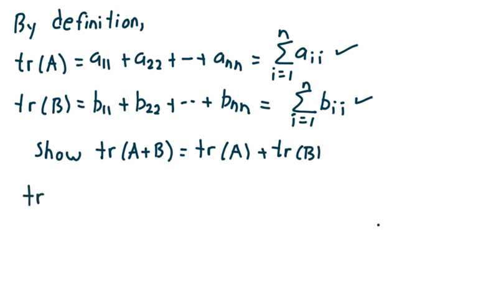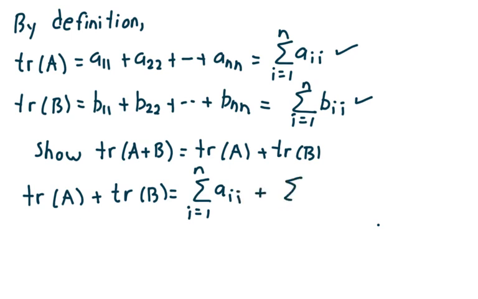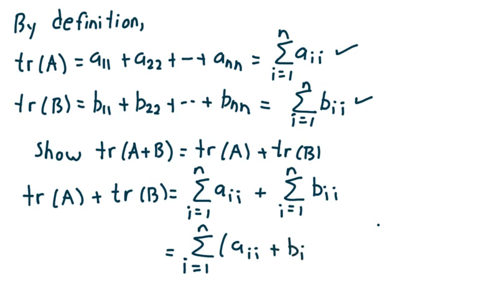So what I would do is start with the trace of A plus the trace of B. But isn't that the summation from i equals 1 to n of Aii plus the summation from i equals 1 to n of Bii? Okay. But by the properties of sum, we can write this as the summation from i equals 1 to n of Aii plus Bii.